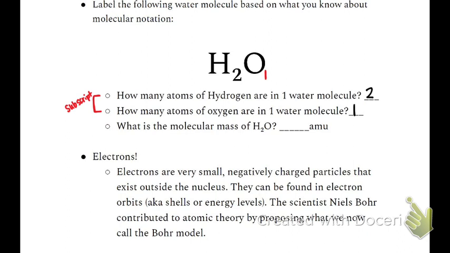And then to find the molecular mass, we have to account for every atom in the molecule. So, what do you know about the mass of hydrogen?